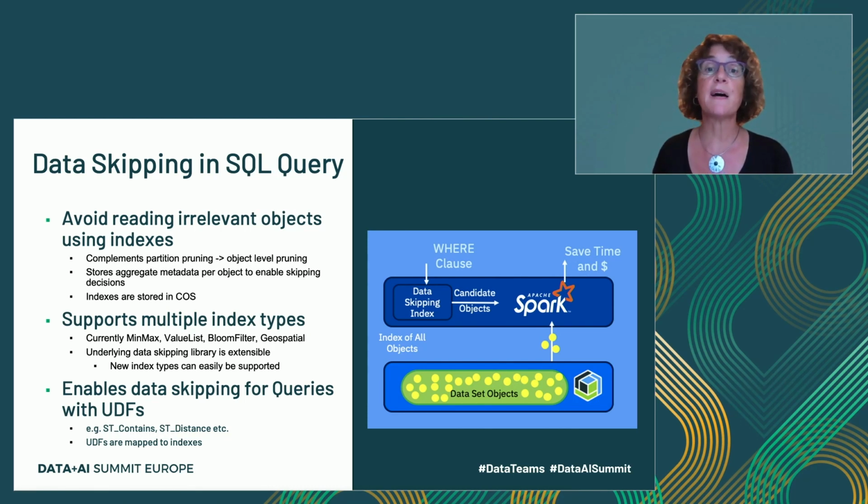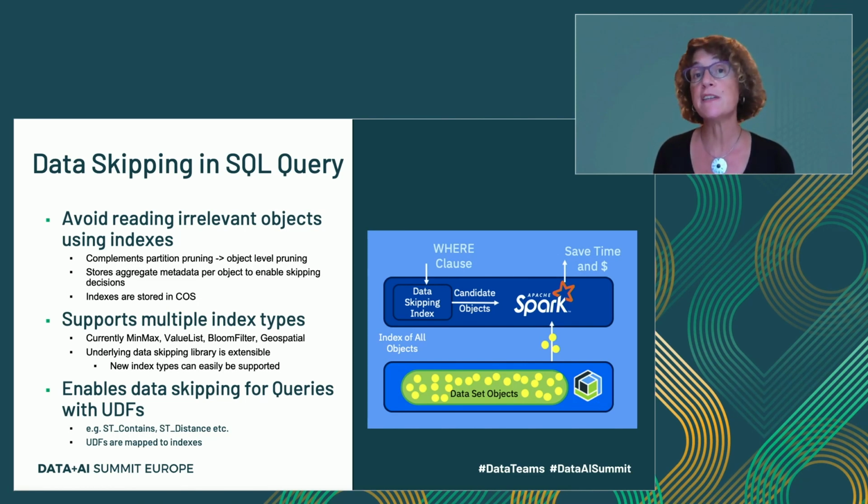We support multiple index types, including the standard min-max, but also introducing others, such as value list, Bloom filter, and geospatial index types. To our knowledge, we are the only framework which enables skipping for queries with user-defined functions. These UDFs could, for example, be functions from the geospatial library.